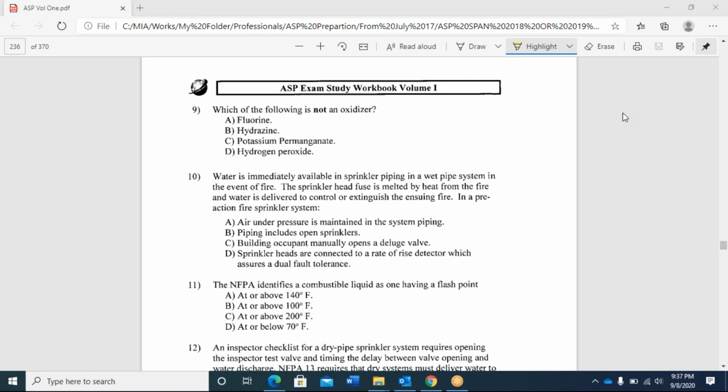If there is any fire, it will immediately give you the water. The water is present up to the sprinkler. It's only a 1 inch difference. Once the sprinklers open, the water will come. Behind it, there is some type of pump being used. Once the pressure is reduced, it starts automatically.